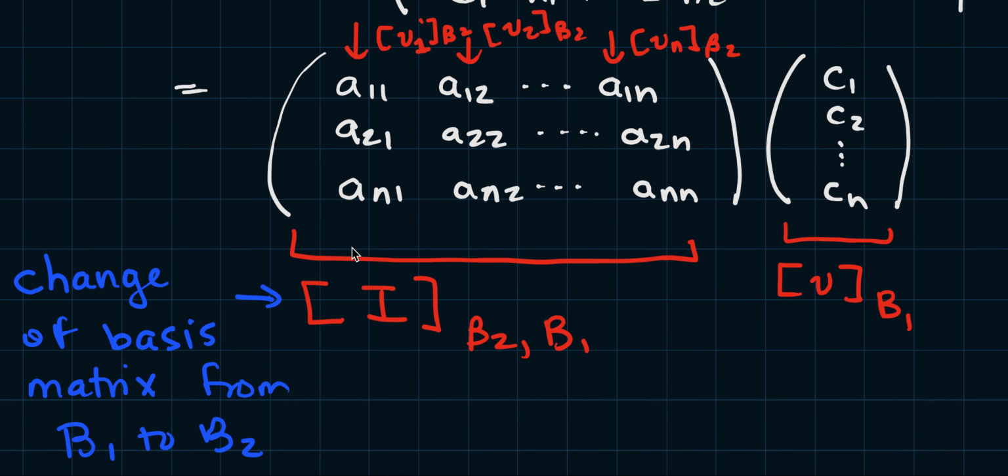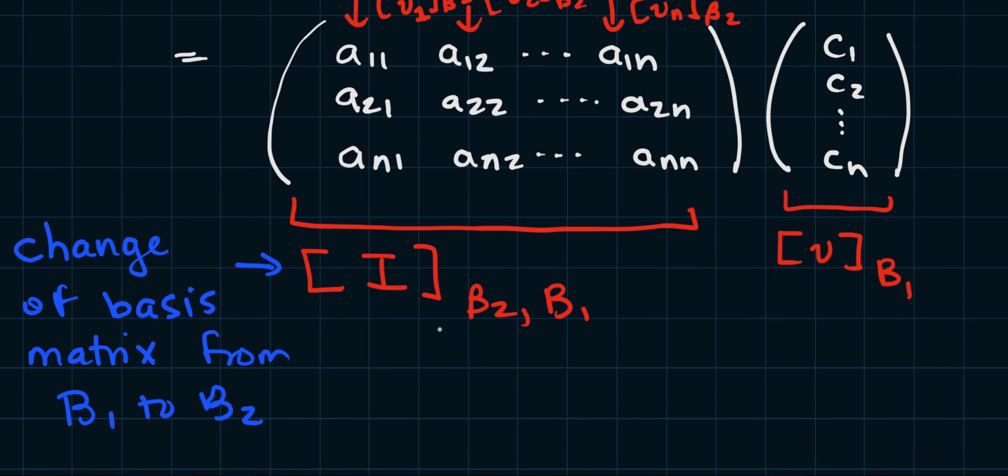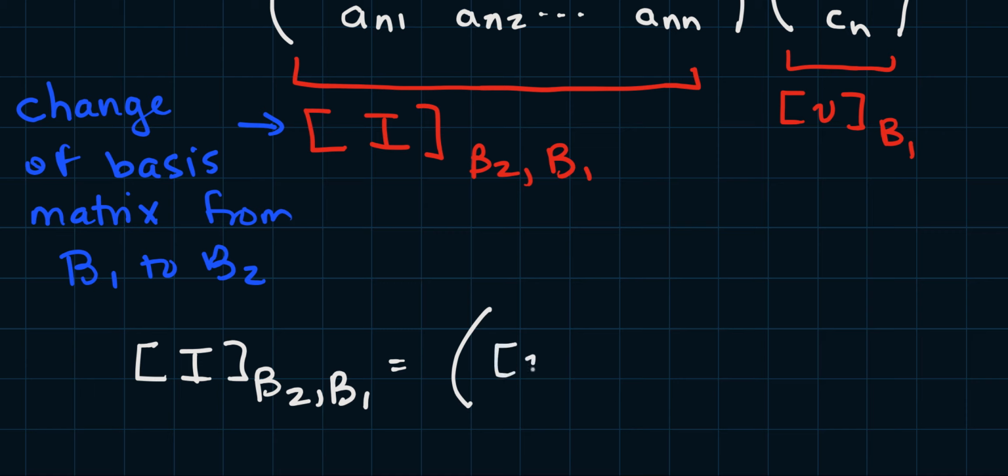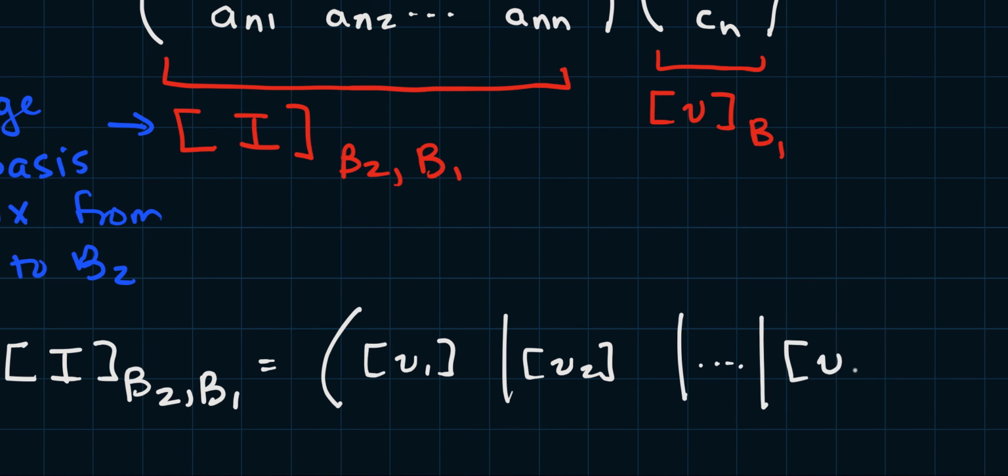So now let's write this matrix out a little bit better. This matrix I, B2 comma B1, this is how you're going to define it: you're going to take every vector inside B1, which is V1, V2, all the way to Vn.